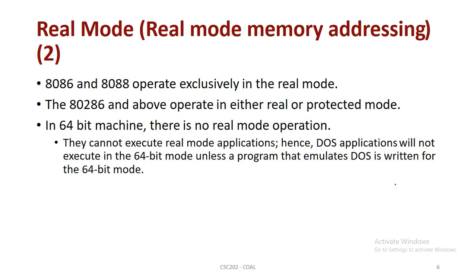But with the passage of time, after 1972, the scientists and engineers who were working to develop microprocessors at Intel came up with a new mode back in the 80286 microprocessor, and that mode was protected mode.